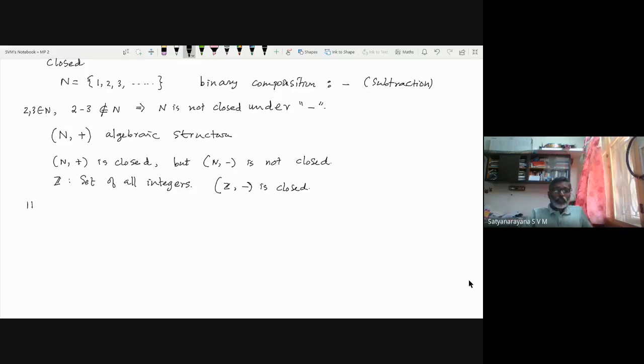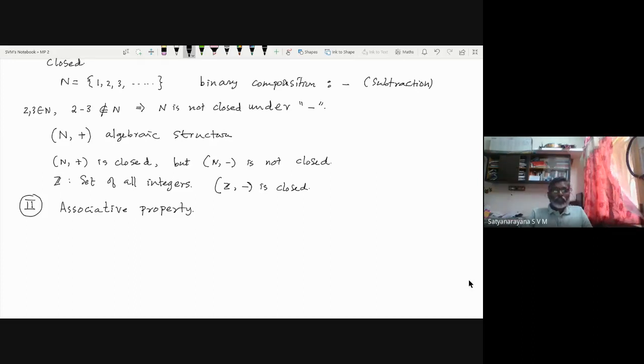Second property or second important axiom is that this is called associative property. Associative property. What is associativity?